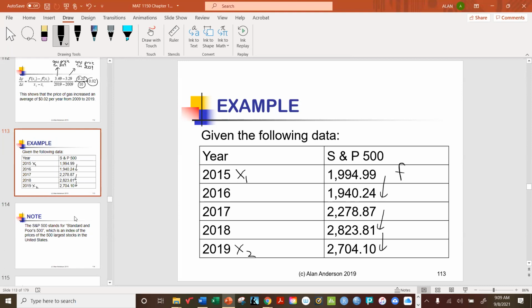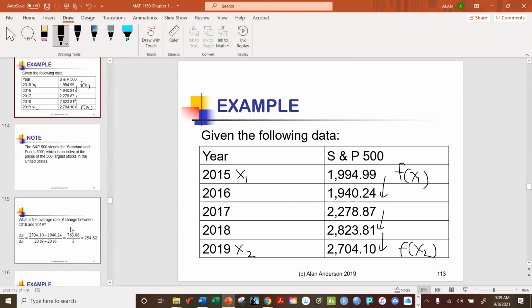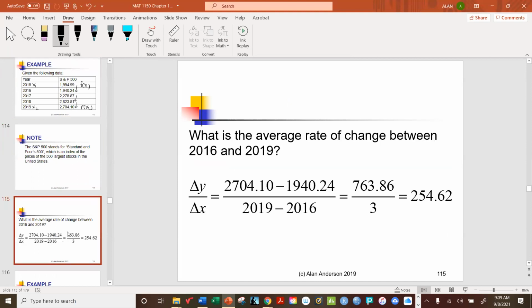You can think of this as f of X1 and f of X2, because the price of the index depends on the time. Or in other words, this value is a function of the time or the year. So we can plug these into our formula. Okay, so this is f of X2.